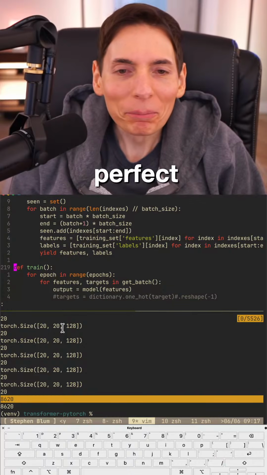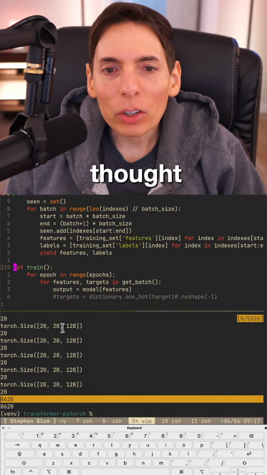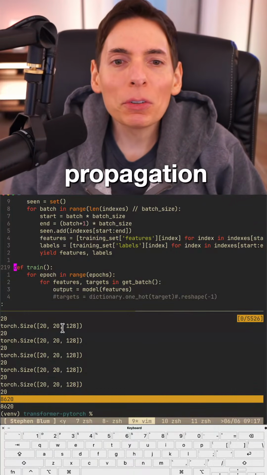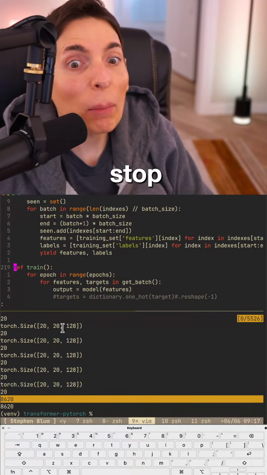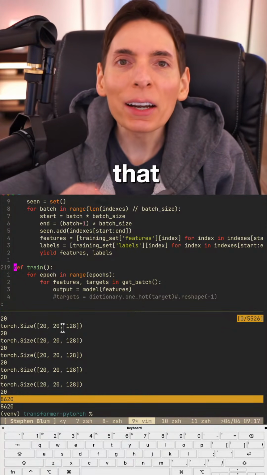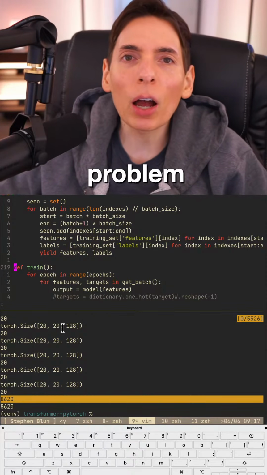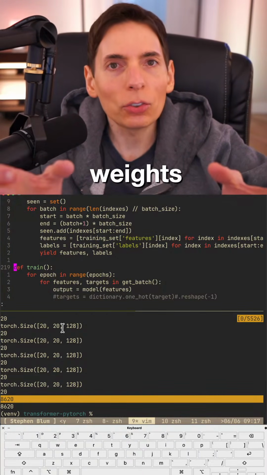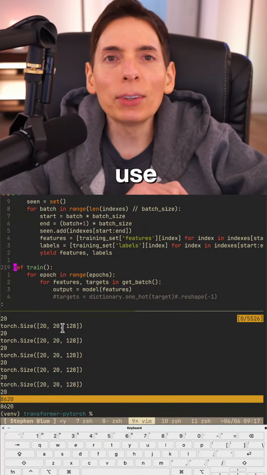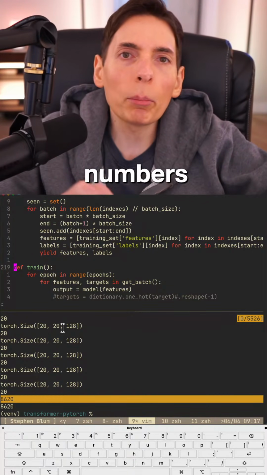All right, perfect. I thought about combining reinforcement learning, backpropagation, and perpetual training to create a model that never stops thinking, Zabian. That is AGI. Right now, one of the problems is that when you train an AI, you create a bunch of weights, a bunch of numbers. When you want to use that AI, you just leverage the numbers afterward.